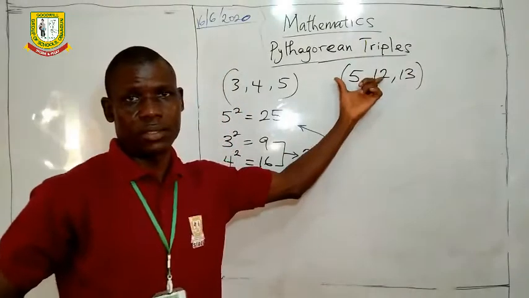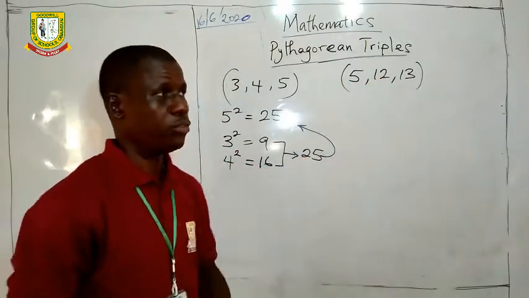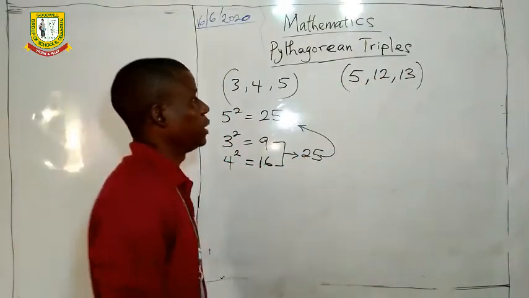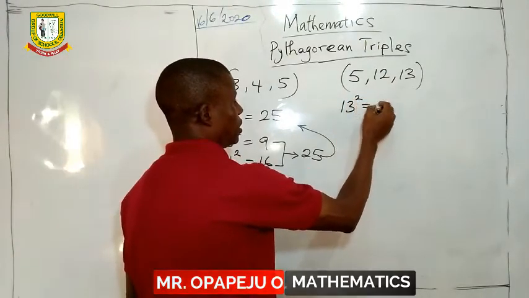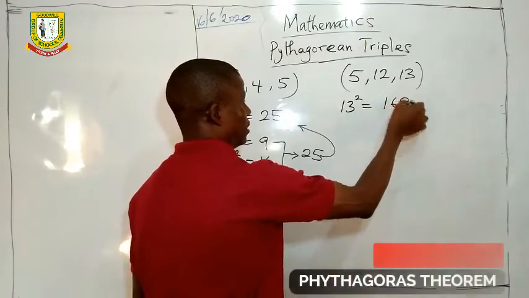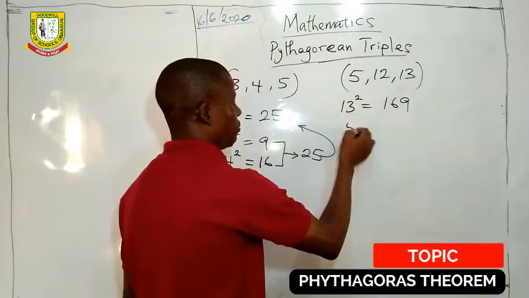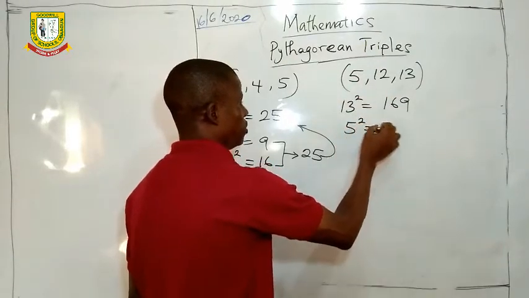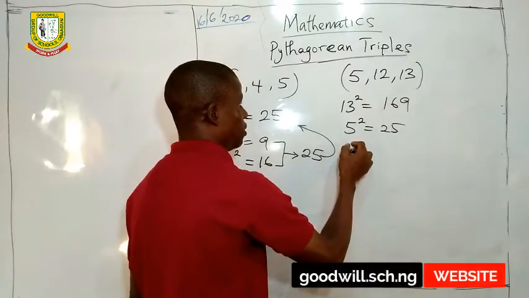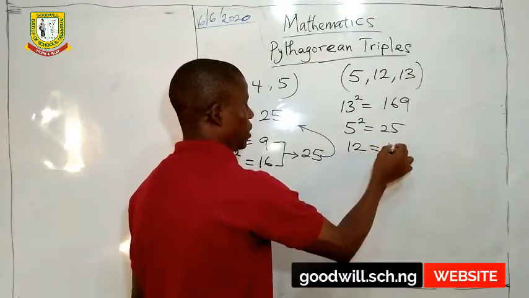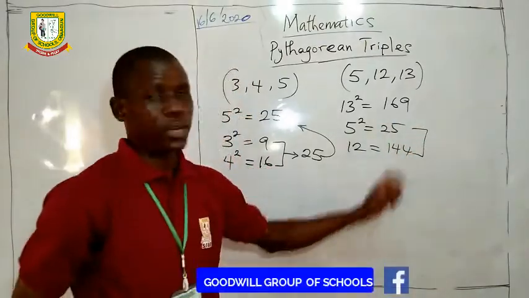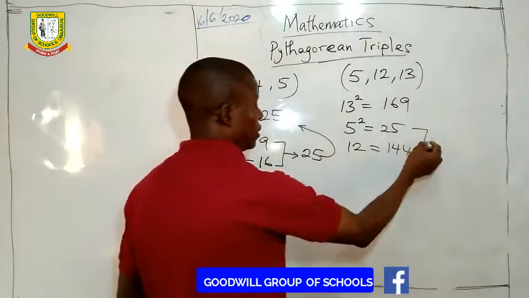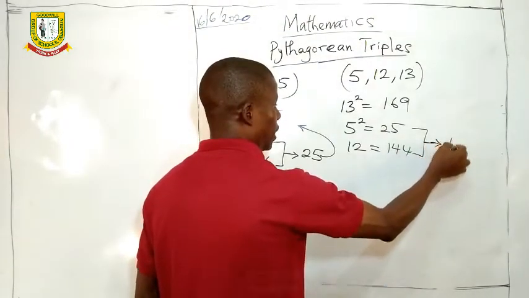Now, the square of 13 gives us 169. The square of 5 is 25, and the square of 12 is 144. Add 25 and 144 together, this gives us 169.